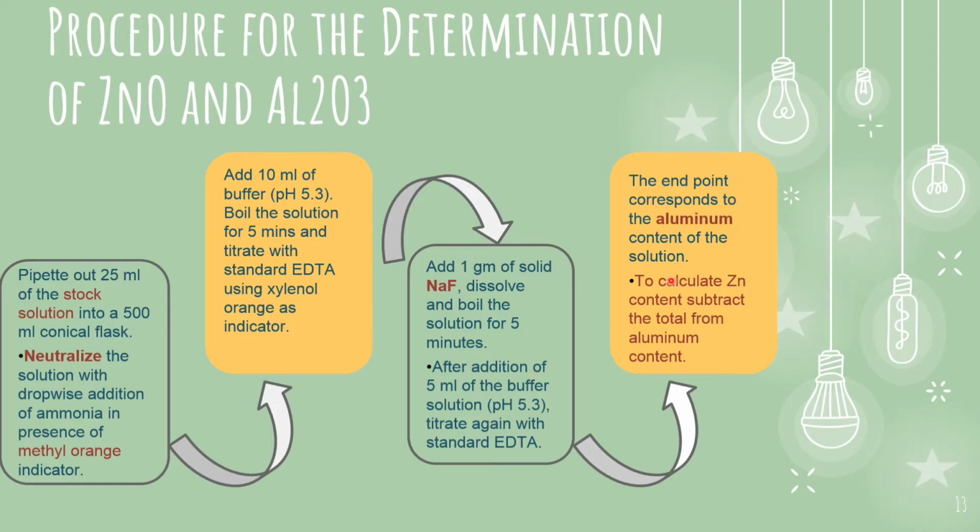Now, how are we going to determine the zinc and the aluminum oxide in that specific solution? We are going to calculate the zinc content by subtracting the aluminum content from the total volume, so that we will get to know the zinc's concentration.